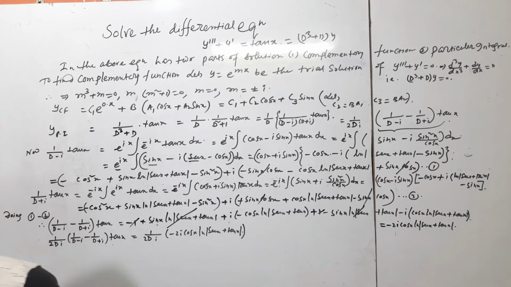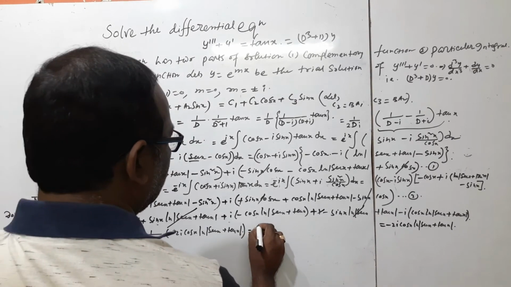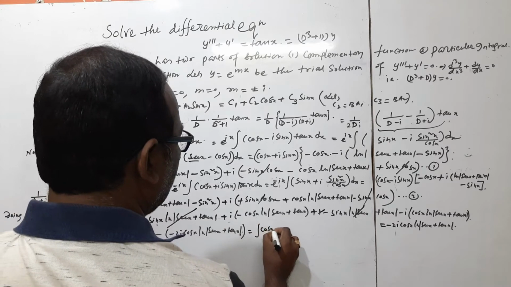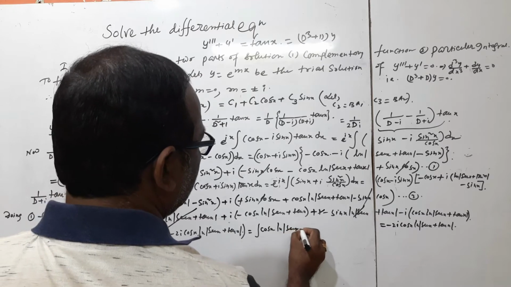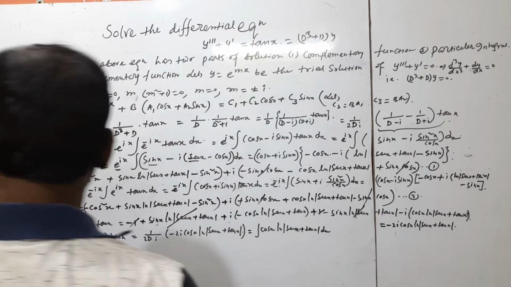Okay, 2i are cancelled, so this is here 1 by d, it means the integral of cos of ln mod sec x plus tan x and dx.